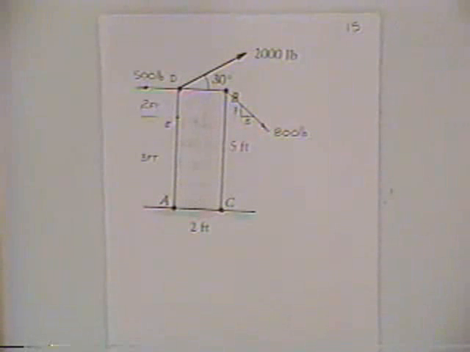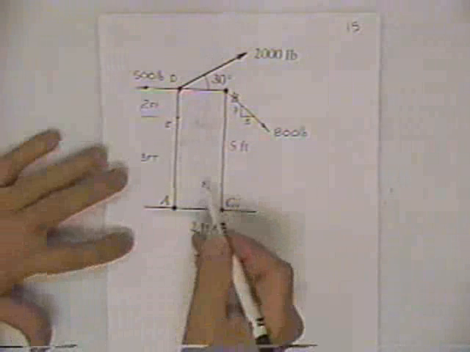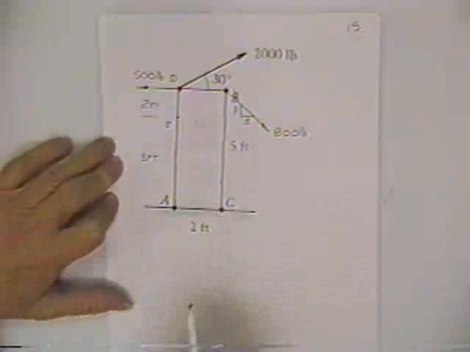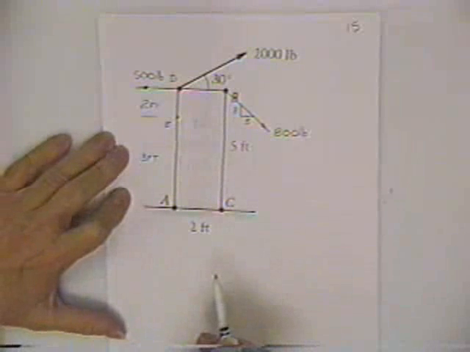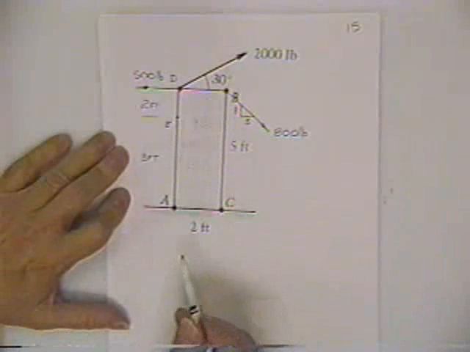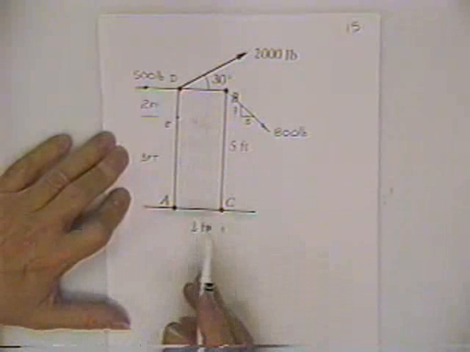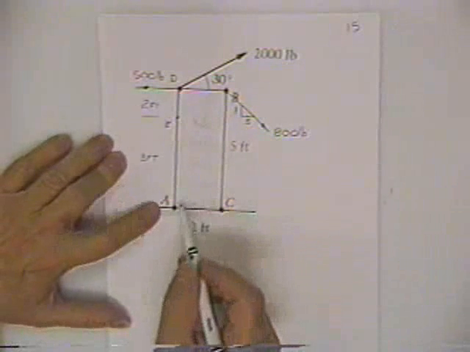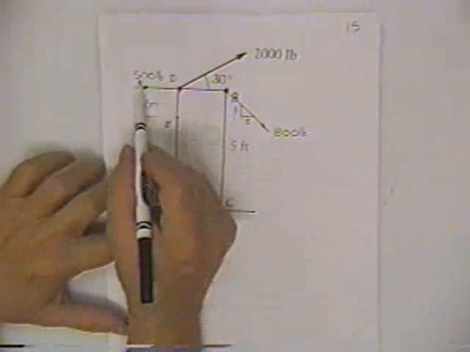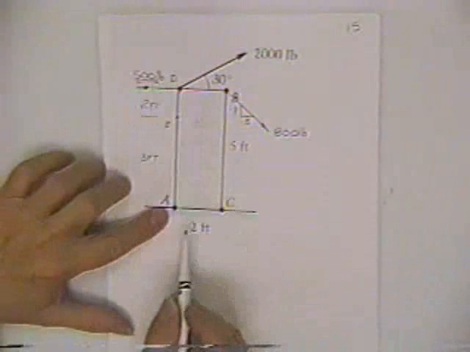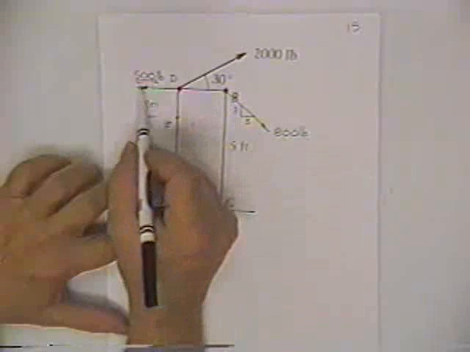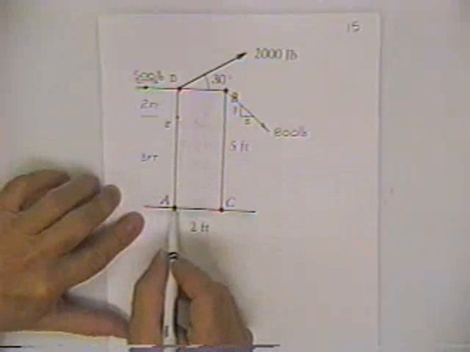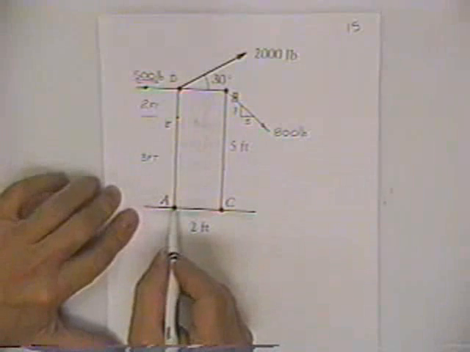Now, many times the item itself is never truly going to rotate. It's really tied down tight. So instead, we may say, how much moment is there about a point, or how much tendency to rotate is there about a point?